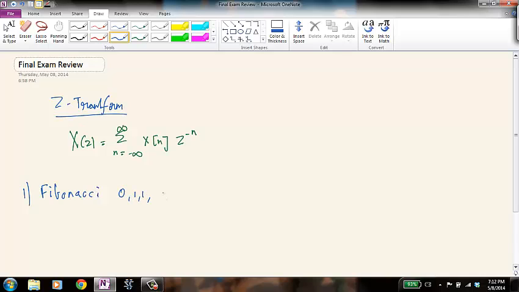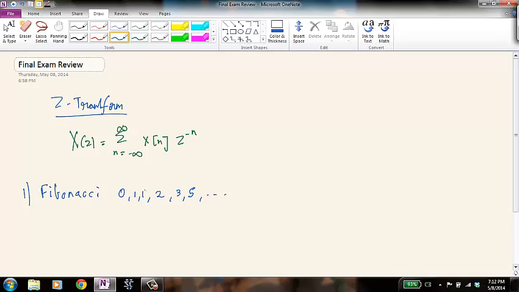I'm sure most of you have seen this before. The Fibonacci sequence is where you start with a 0 and 1, and every term after you obtain by adding the previous two.